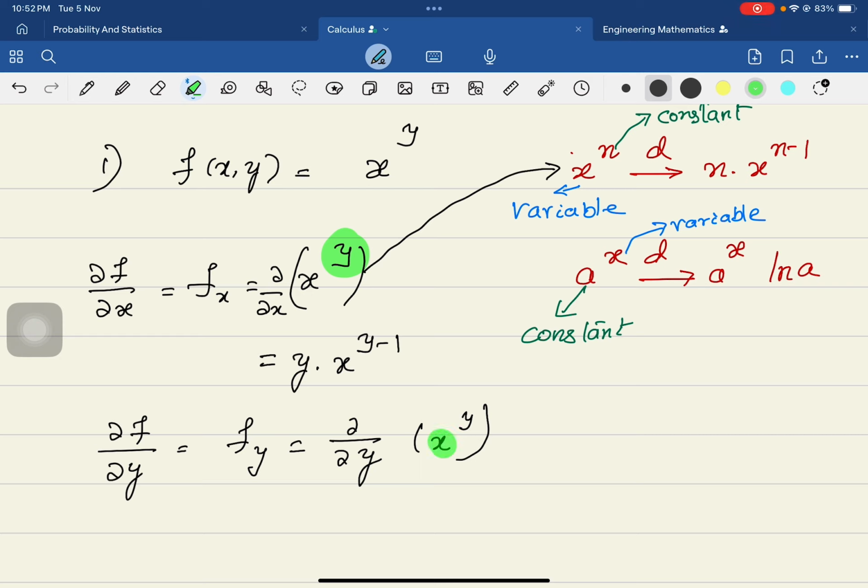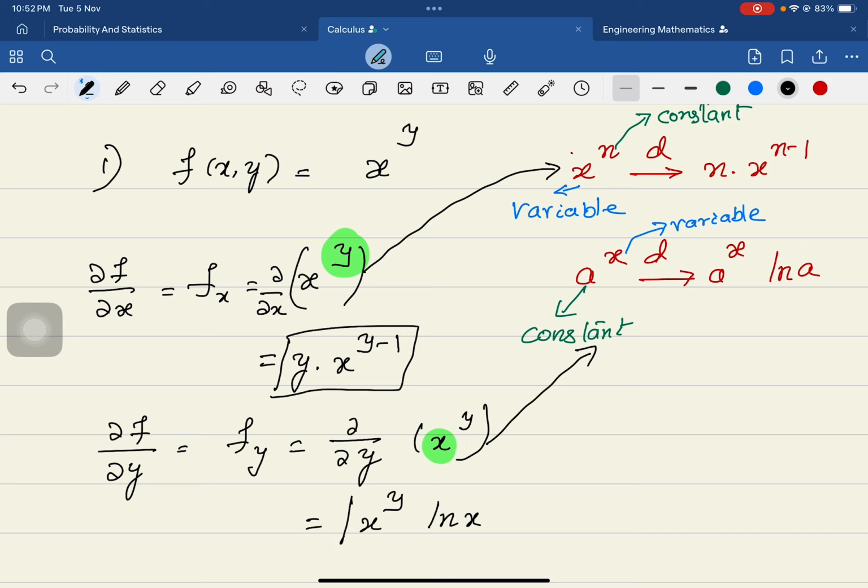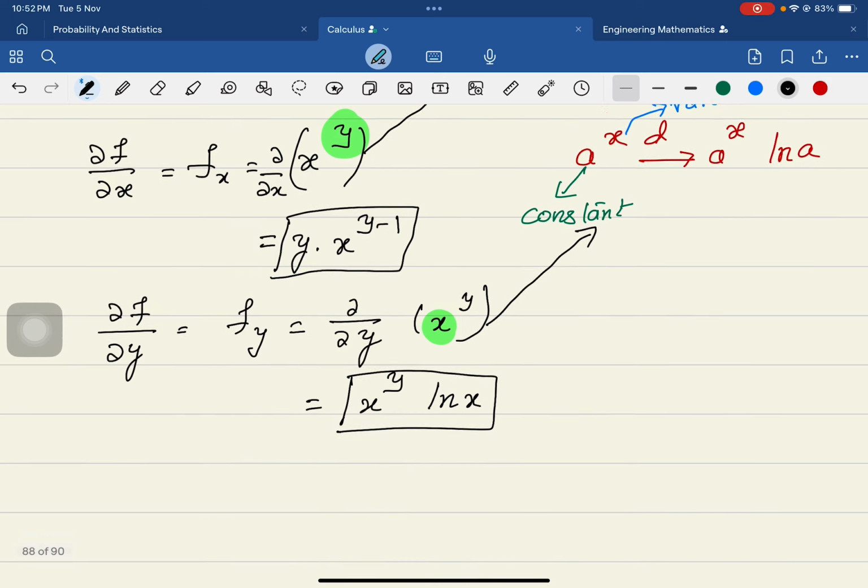We are differentiating with respect to y, so x is the constant. When the base is the constant, the formula which you have to use is x power y times ln x. I hope you could understand. You have to use it properly. What is the constant and what is the variable, you have to understand to do this type of problems.